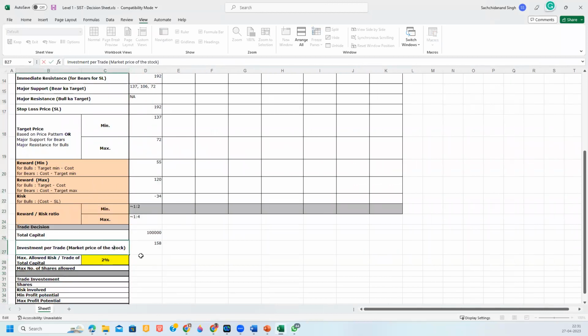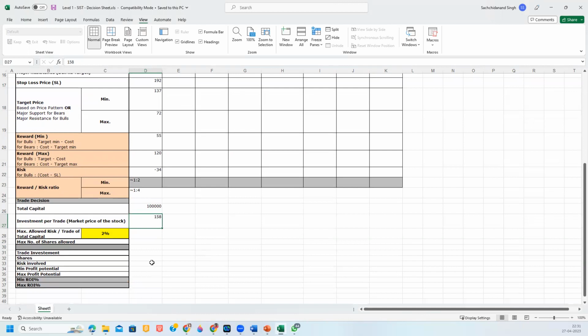But that is not investment per trade, isn't it? I thought investment per trade is the total amount that you are going to invest, not the market price of the stock. So we have a separate value where we ask what the trade investment is. Per trade means for an individual one, how much it is costing.